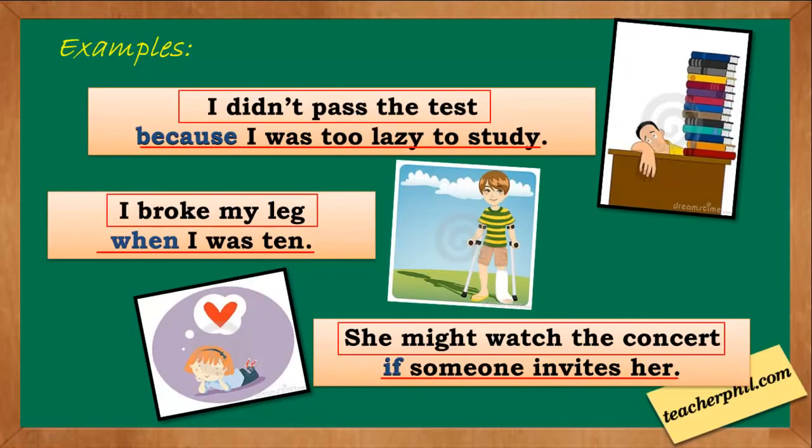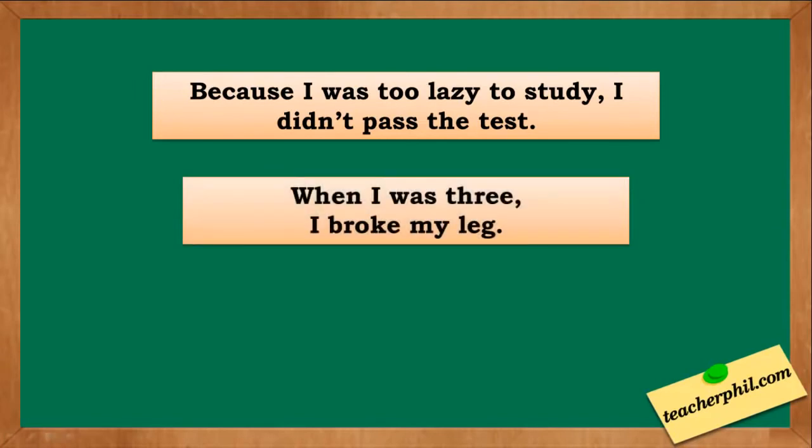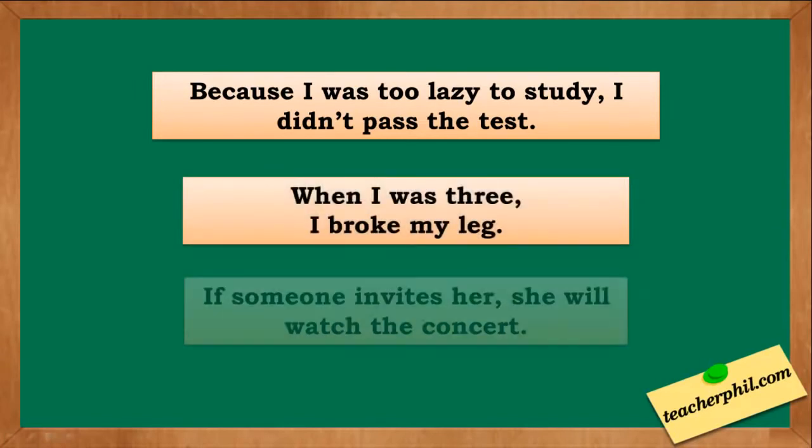Notice that in these examples, the independent clauses come first. But if the sentence starts with a dependent clause, put a comma after it. Take a look at the following examples. Because I was too lazy to study, I didn't pass the test. When I was 3, I broke my leg.